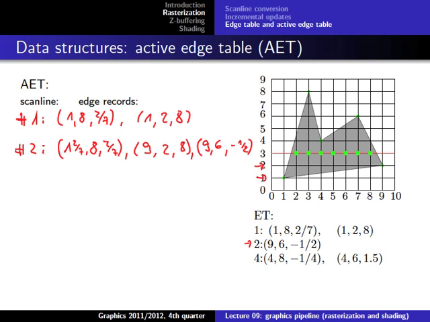And now we see that the scanline index is the same as this upper y value, which means we reached the end of that segment already in one step, which means we are throwing it out. So in the next step we are not considering this one anymore.